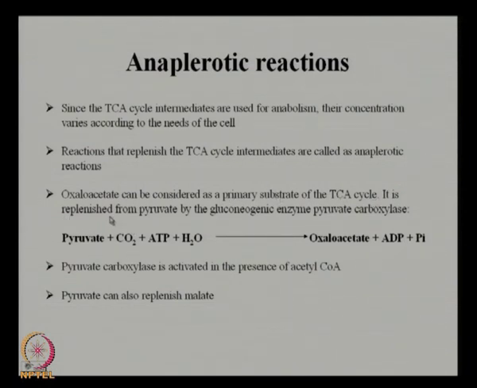It is replenished from pyruvate by the gluconeogenic enzyme pyruvate carboxylase. Pyruvate plus carbon dioxide, ATP and water gives rise to oxaloacetate, ADP and Pi. Pyruvate carboxylase is activated in the presence of acetyl-CoA. Pyruvate can also replenish malate, and in this way the anaplerotic reactions go on in the TCA cycle.